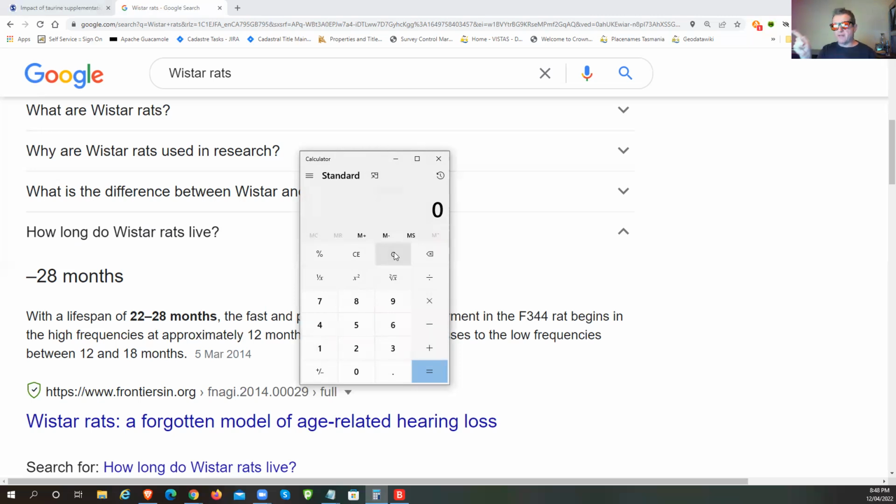Now let's just work out the other stuff. Now the intervention is for 16 weeks, but they are actually collecting data at baseline, at 8 weeks and 16 weeks.